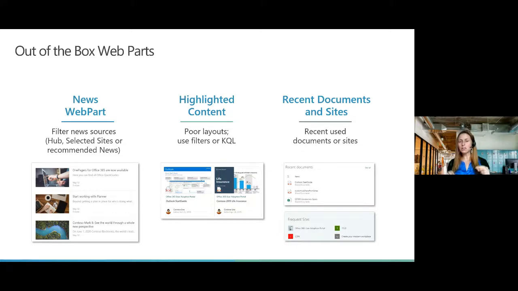So there are not so many options in the out-of-the-box solution, but we will take a look at them, and you can decide if it's enough for you for visualizing the content or if it's not enough. Okay, so let's switch to a SharePoint site.